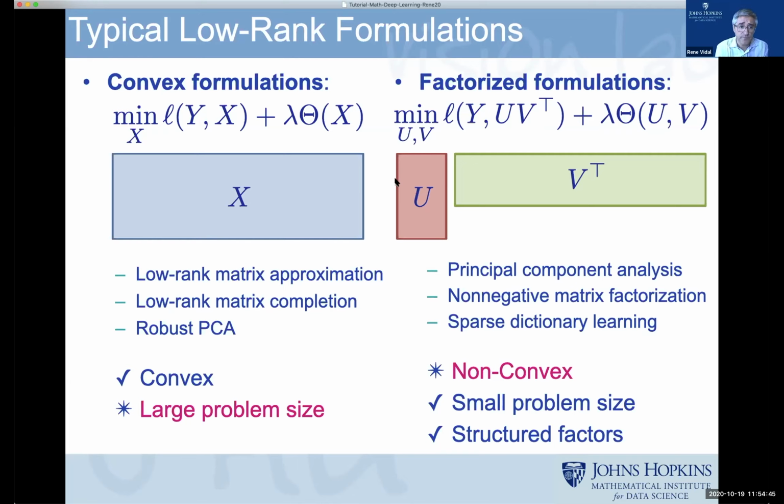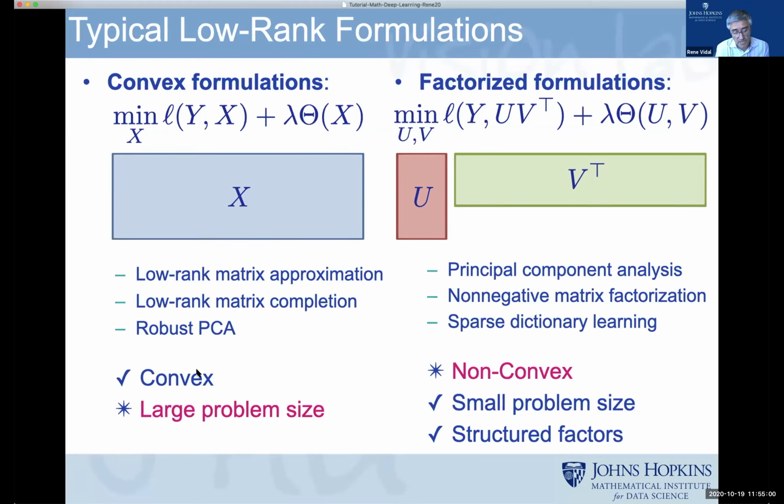So the problems on the left show up in low rank matrix approximation, matrix completion. The Netflix challenge is another example, robust PCA problem based on nuclear norm and L1 norms, and so on and so forth.